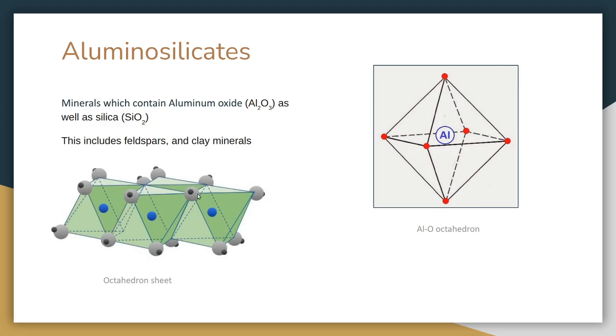The blue ones are aluminium, this big one is hydrogen, and this one is oxygen. The opposite, sorry. This is oxygen and this is hydrogen.